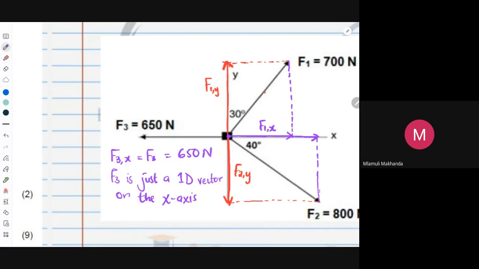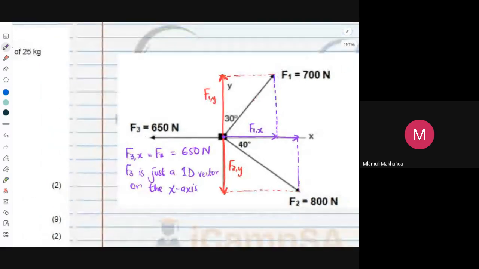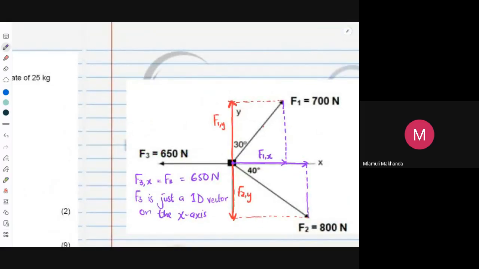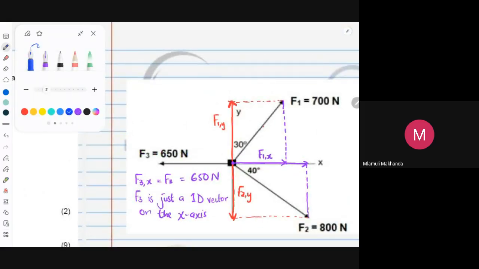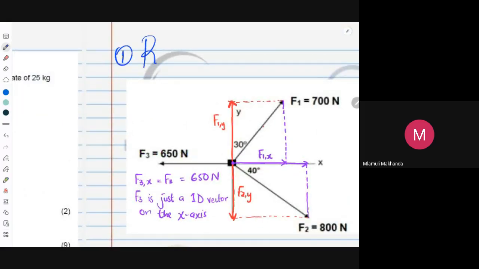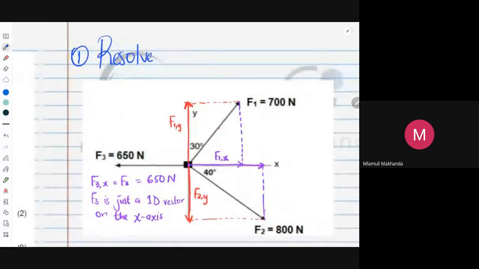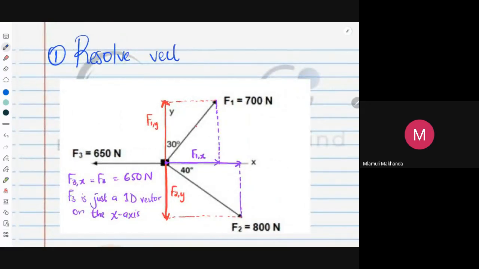But if it was diagonal, then we were going to resolve it. That's how it works, okay? So now we have all these vectors that we need. So step one is done.